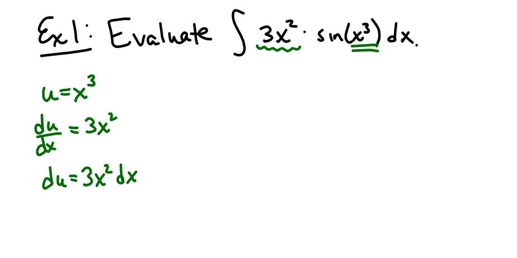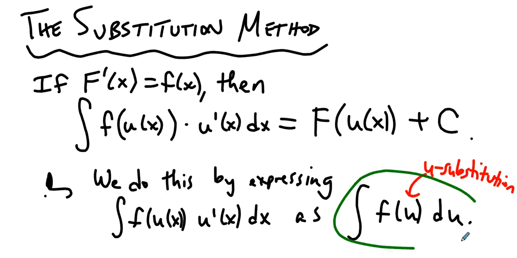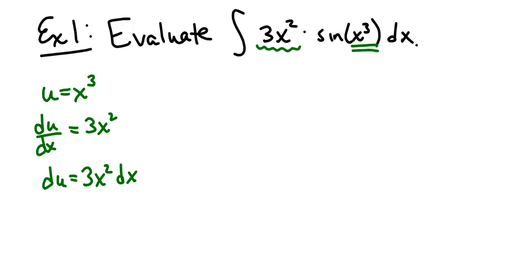Remember what we're trying to do? We're trying to express things as an integral of f of u du. So what happens here? This integral is the integral of the sine of x cubed, but x cubed is u.